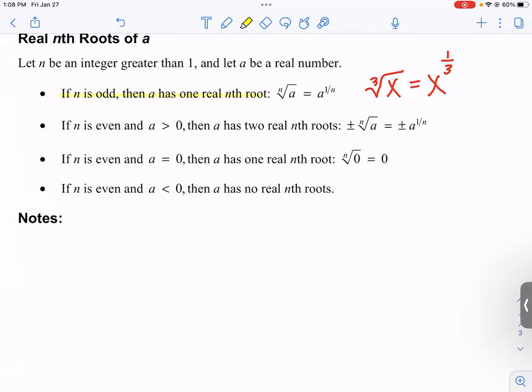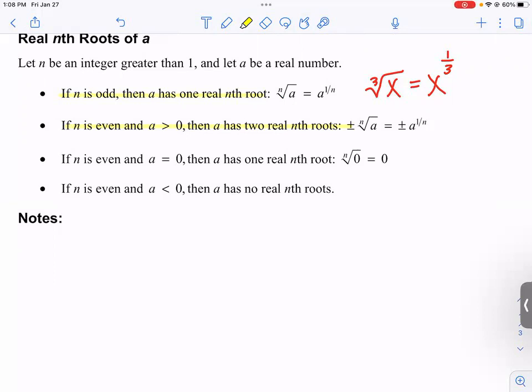So we have 2 different numbers that we can square and get 4. We can do the same thing with anything that we square or anything that we take to the 4th power. So when I ask you for an even root, there's going to be a positive and a negative answer. If I ask you for 4th roots or square roots, we're going to be able to give a positive and a negative answer.